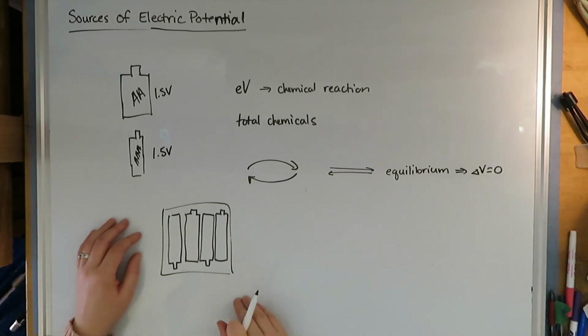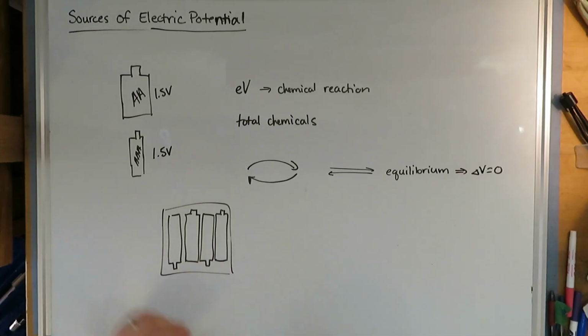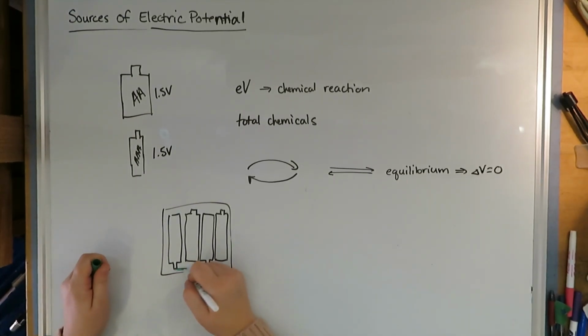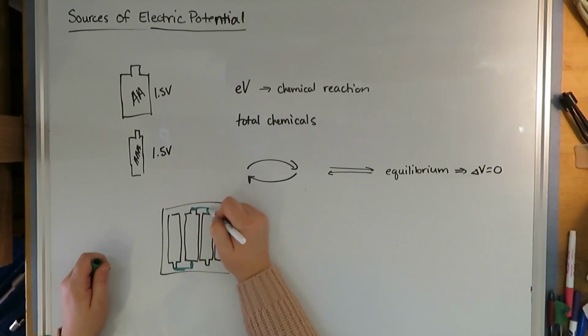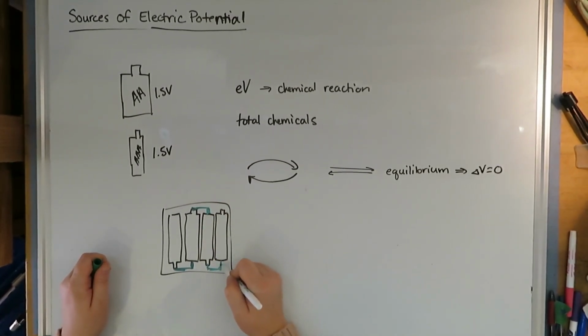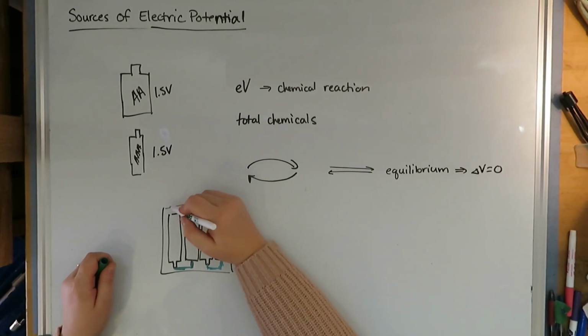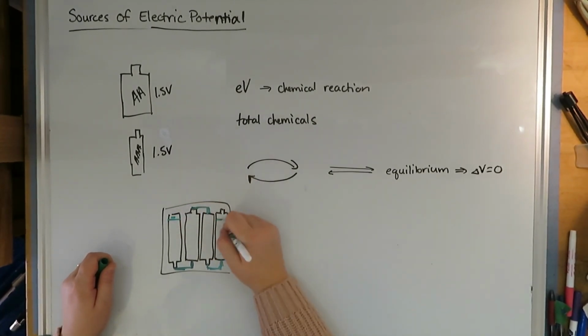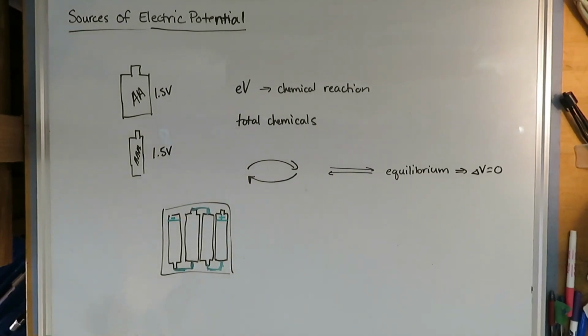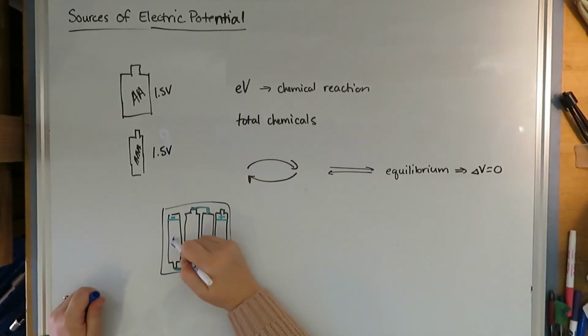But if you notice, they go in backwards. And that's because there are actual internal connections between the springs and stuff like that, where basically these are connected here, like this, so that you have an overall negative here and an overall positive here. And each of these are 1.5 volts.